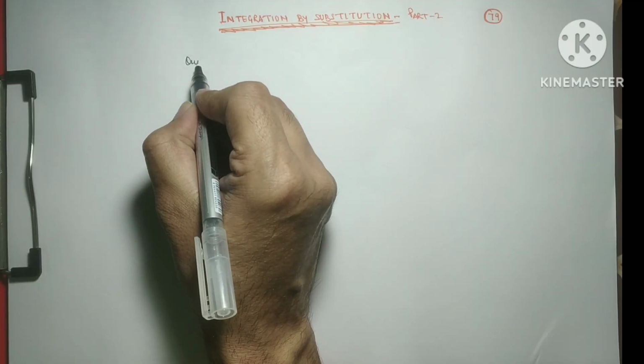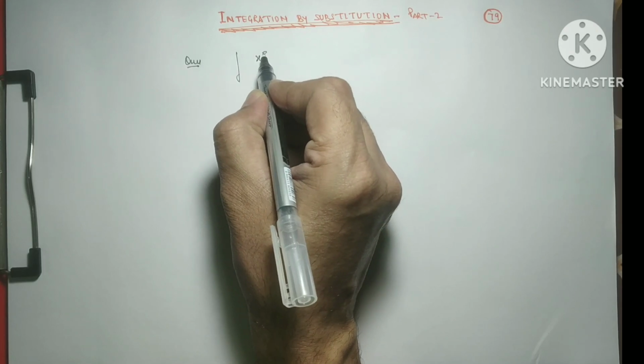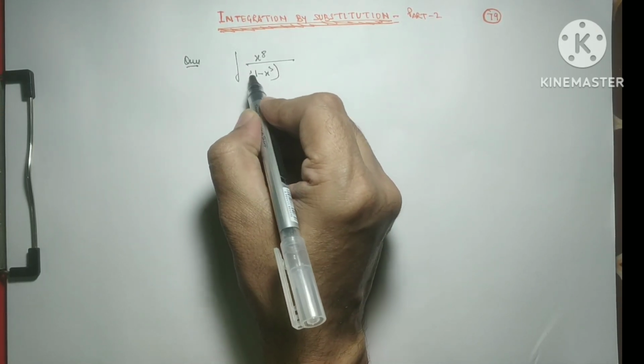The question is: integrate x to the power 8 over (1 minus x cube) to the power 1/3.